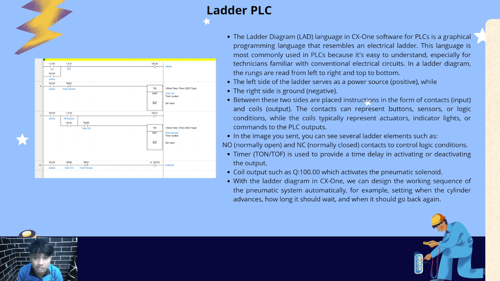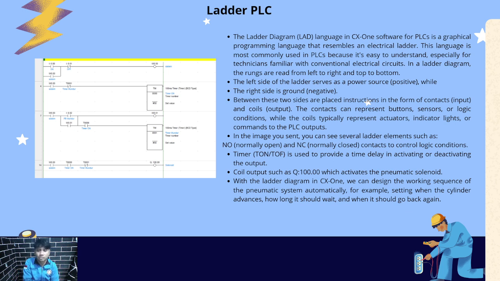This language is most commonly used in PLC because it is easy to understand, especially for technicians familiar with conventional electrical circuits. In a ladder diagram, the rungs are read from left to right and top to bottom.